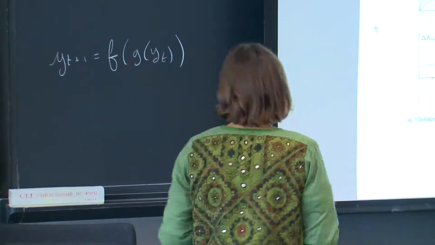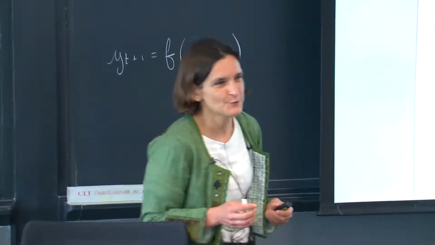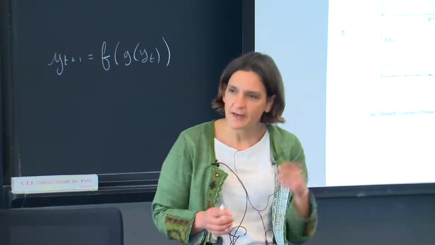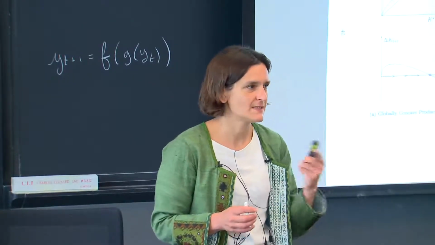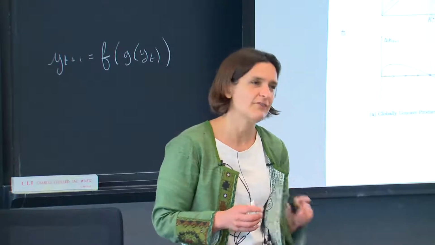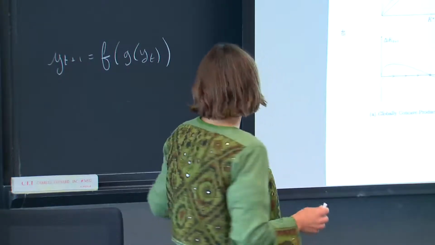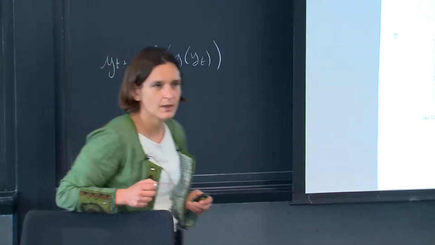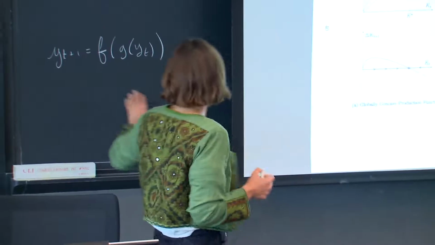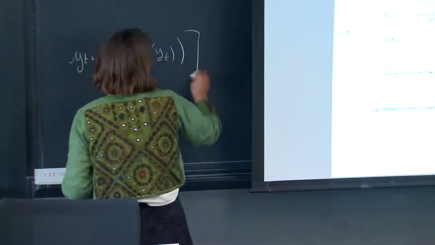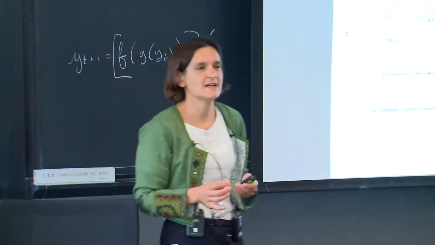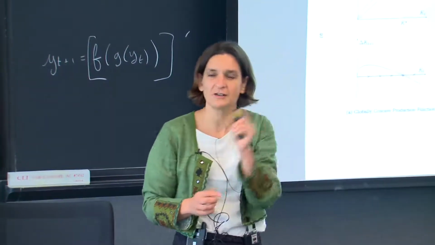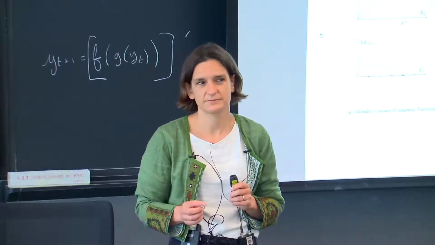So you can do some very simple calculation to convince yourself that this is going to happen if the product of the two elasticities, the elasticity of the G curve and the elasticity of the F curve, is greater than 1. Because when yt is equal to yt plus 1, the derivative of this function is the product of the elasticity of the F function and the elasticity of the G function.